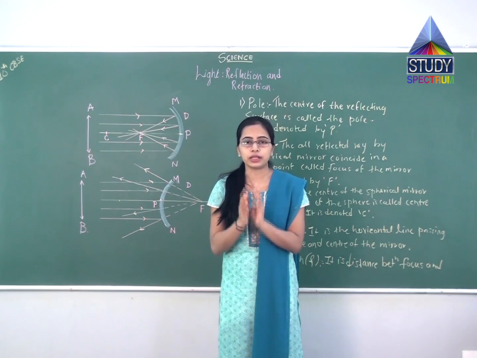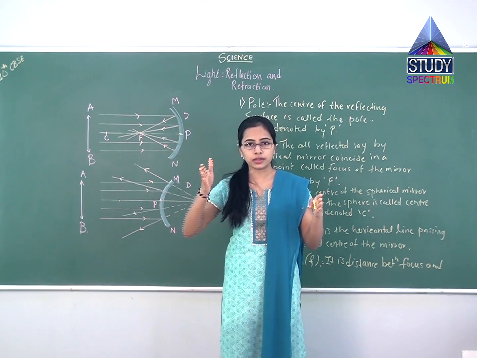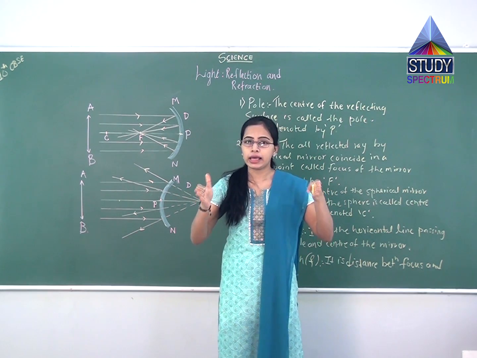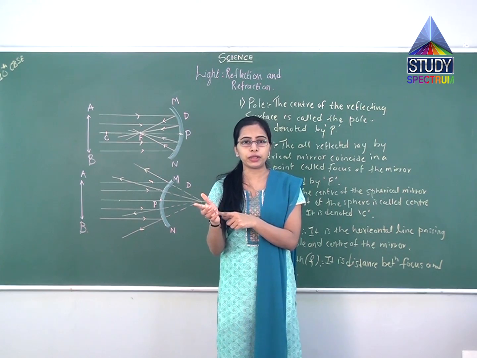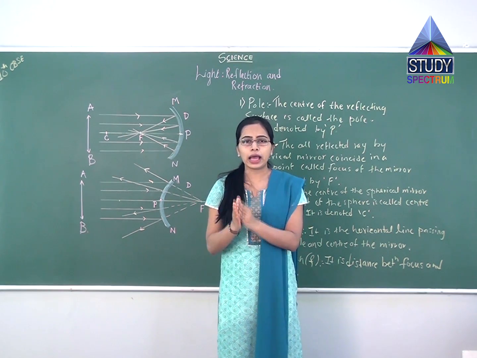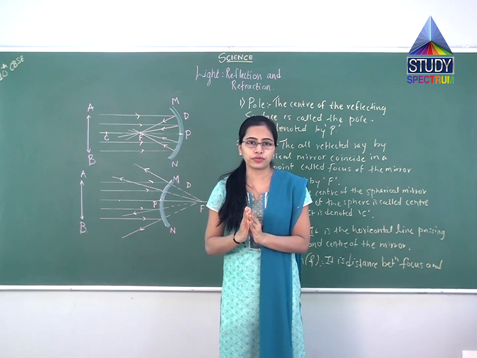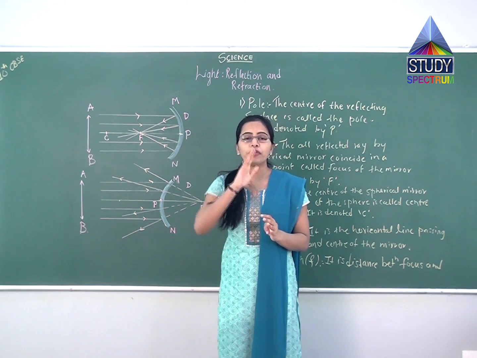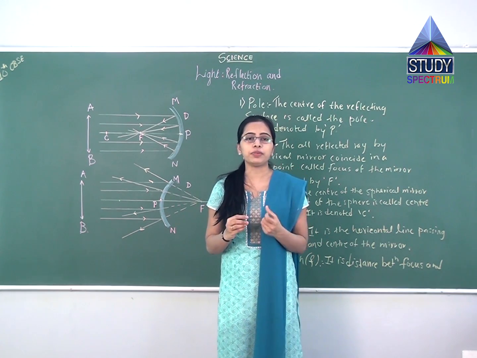So why did this happen? Actually, the distance between the mirror and the screen is the focal length of the mirror. In this case, that sharp point was nothing but the image of the sun, and because of heat coming from the light rays, the paper started burning.